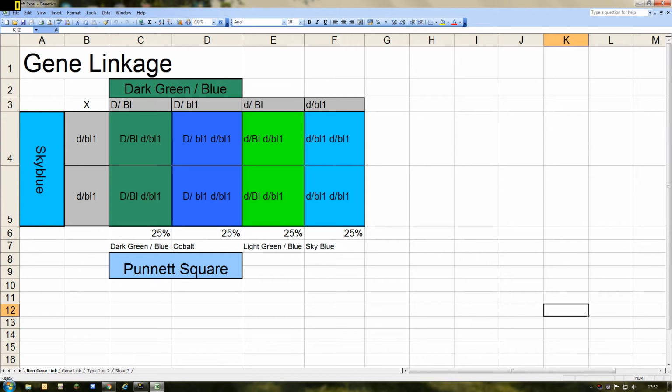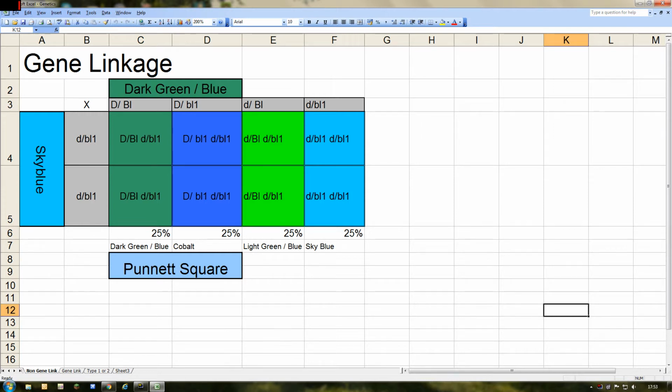So the dark green split blue contains one of the mutated dark factor genes and one of the non-mutated dark factor genes, and then contains one of the non-mutated green genes and one of the mutated blue gene, and therefore it can pass on 4 possible combinations.